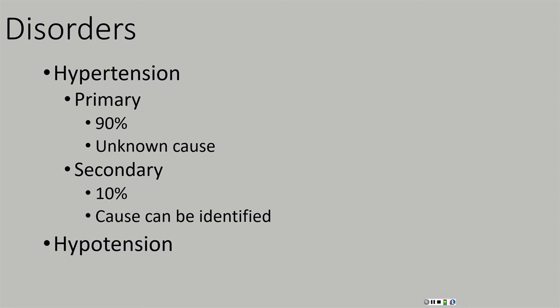You know you have high blood pressure, but we can't nail down the definitive cause. And about 90% of the people with hypertension have primary hypertension. The other type is secondary hypertension. And about 10% of the people have this. And this just says you have hypertension, you have high blood pressure, and we know the cause.